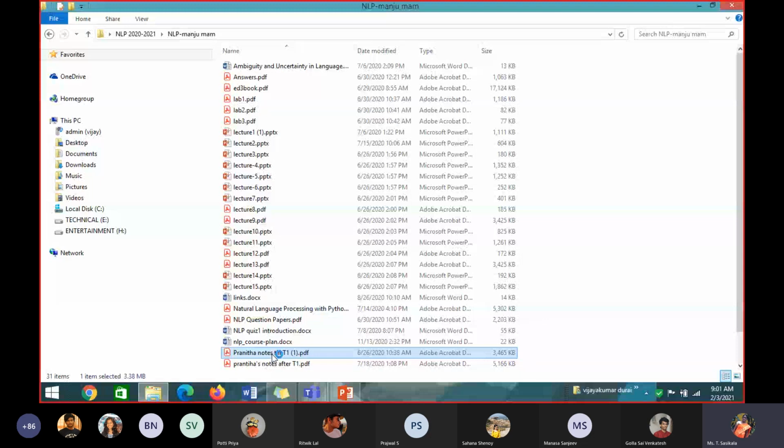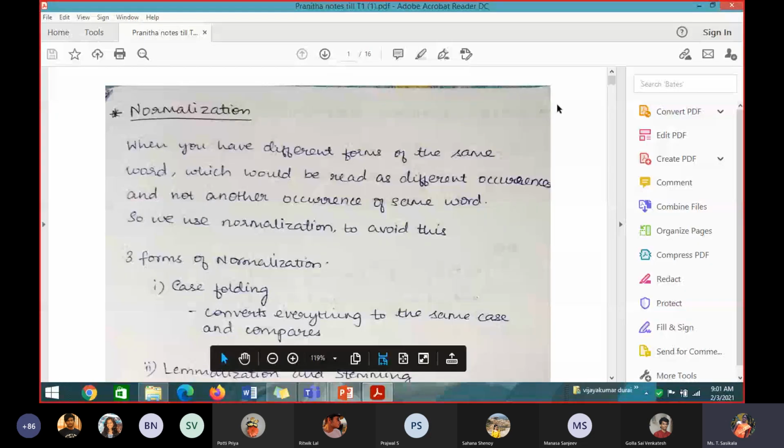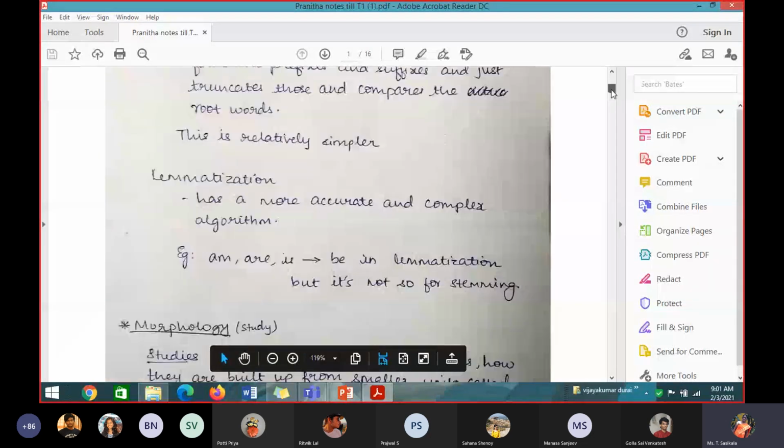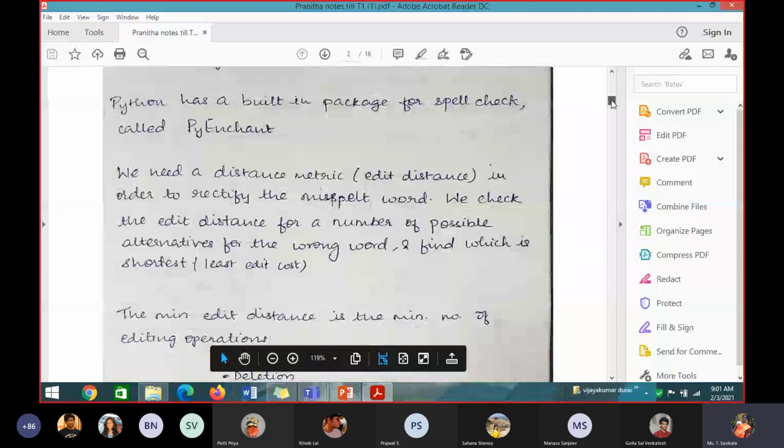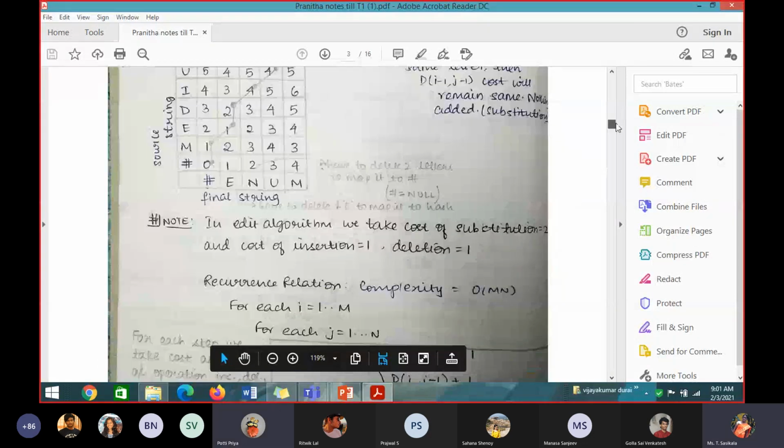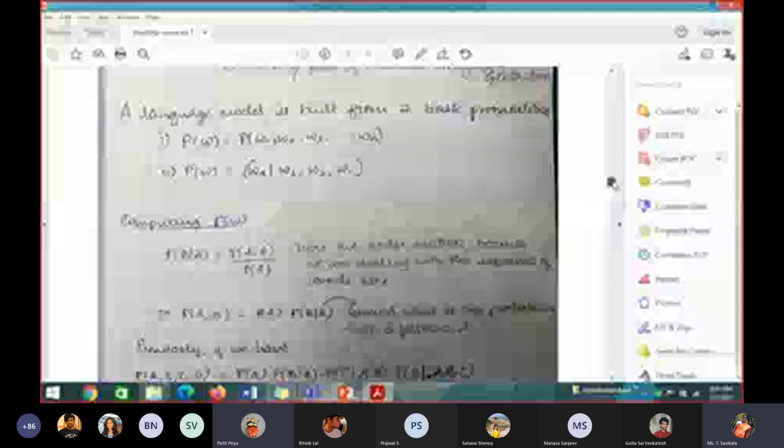So you have 4 sentences: denied the allegation, denied the report, denied the claims, denied the request. What is the training data set? Denied the allegation is occurring how many times in my corpus? 3 times.